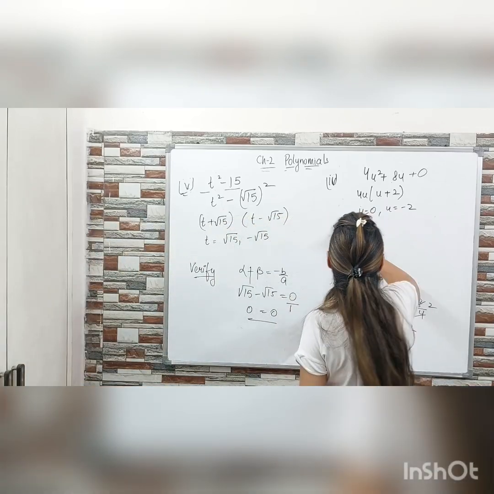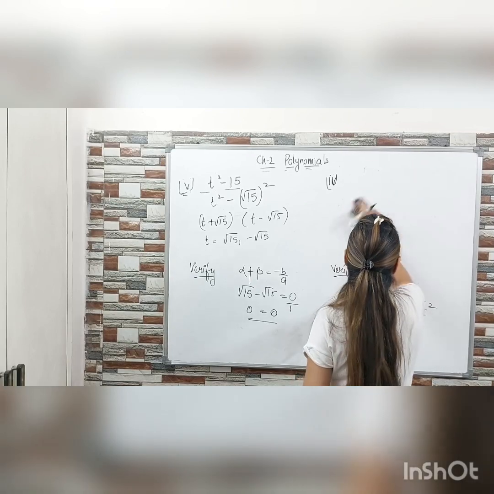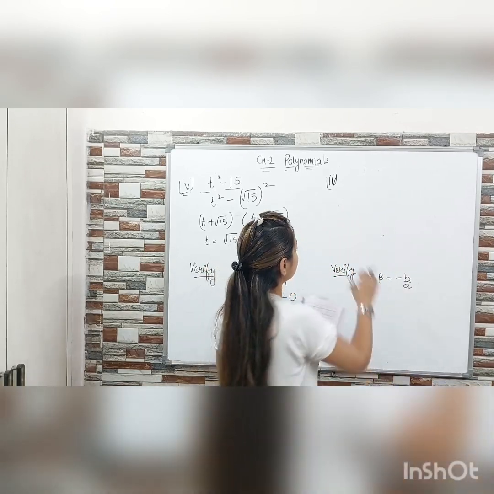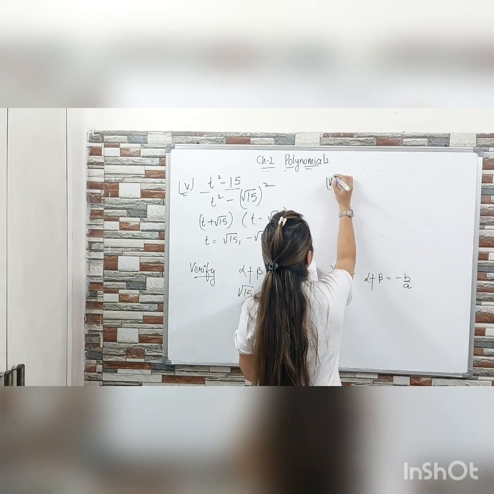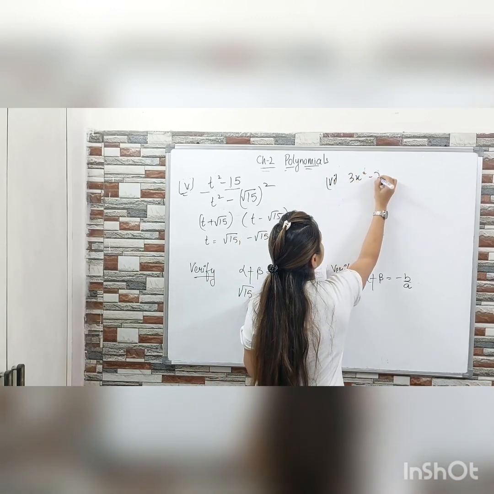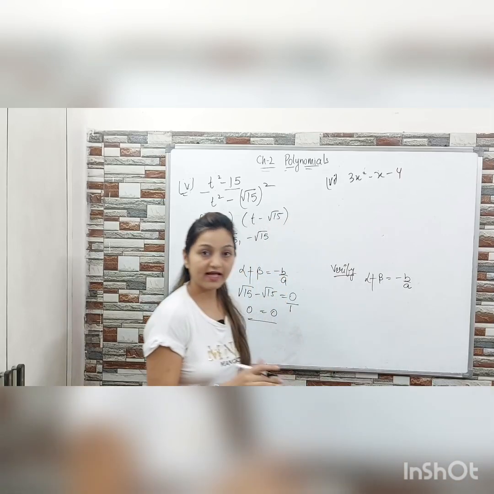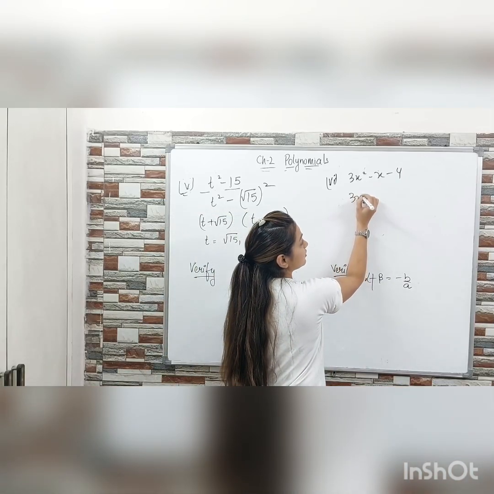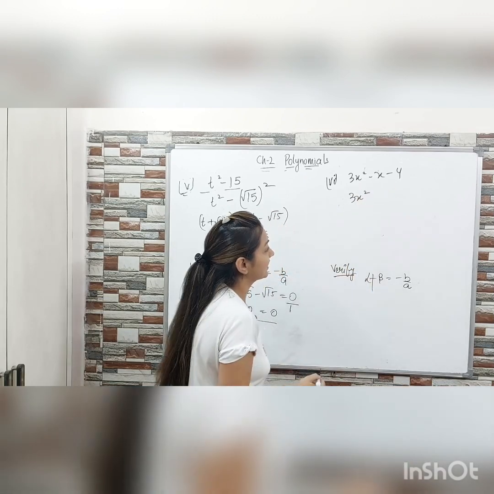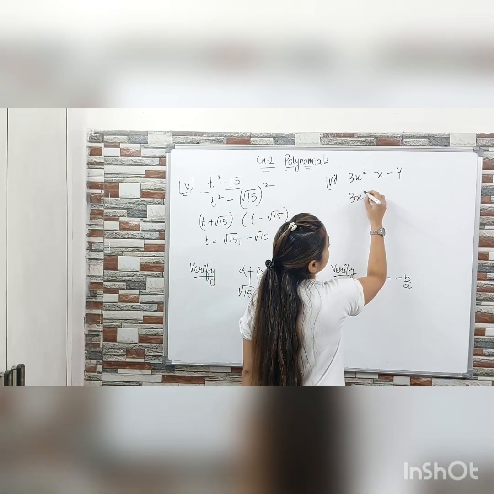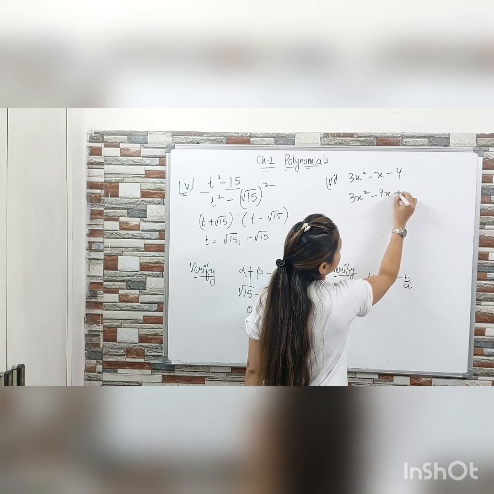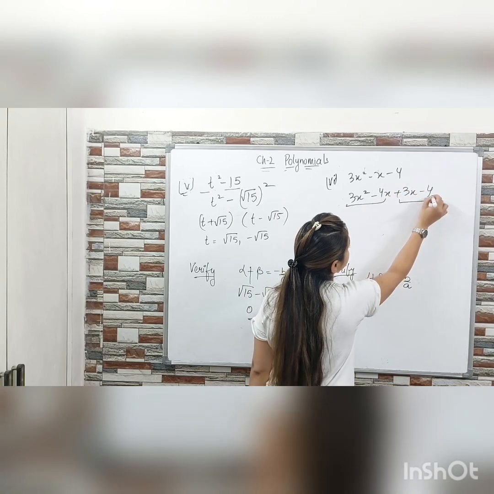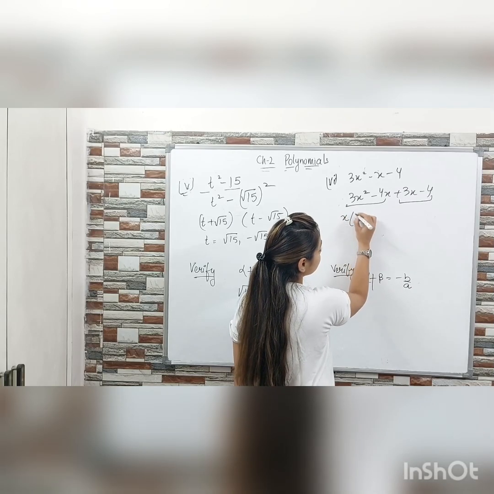Now I come to the last part of this first question. Sixth part: 3x square minus x minus 4. Here I have three terms, so I will do the middle term split. 3 fours are 12, so I can take minus 4x plus 3x. Take out the common.